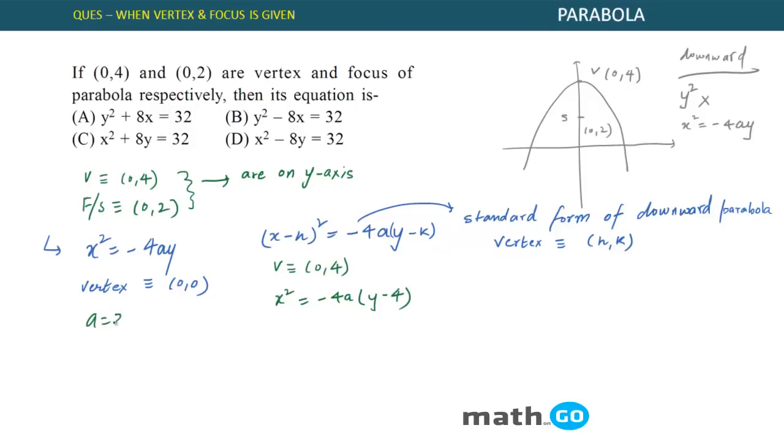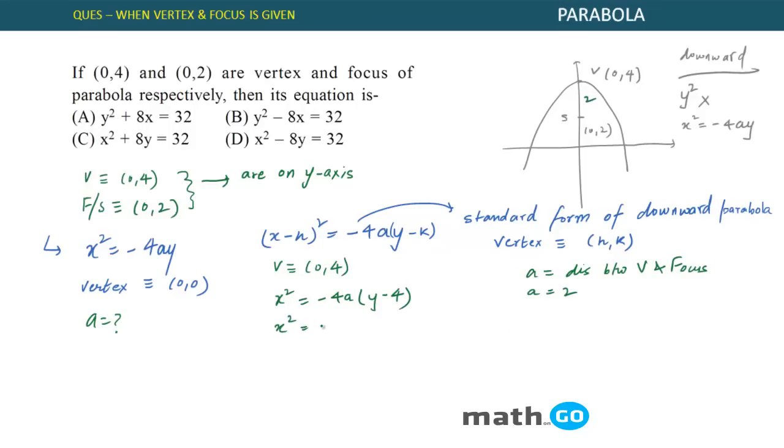We also need to find the value of a. What did I tell you about a? What is a? a is always the distance between the vertex and focus. So what is the distance between vertex and focus here? 2 units. So I can say a is 2. Now you have got your answer.